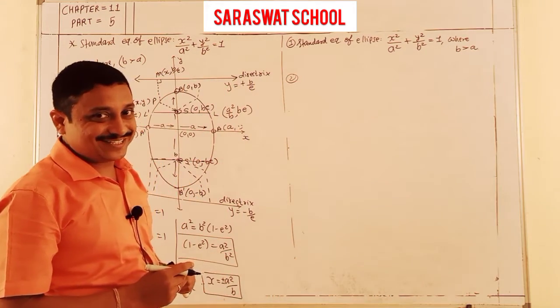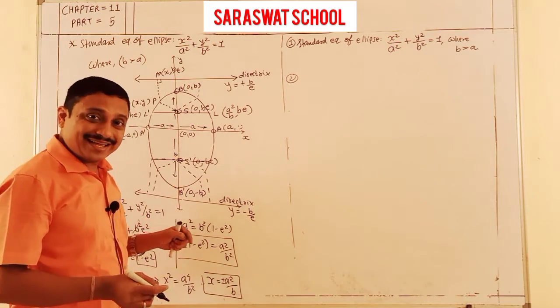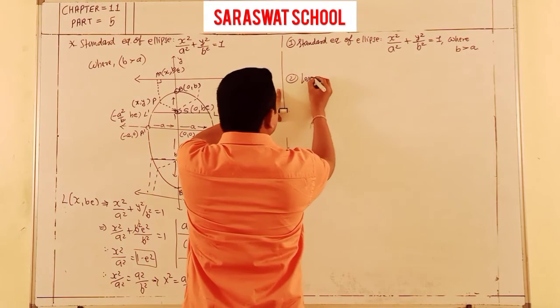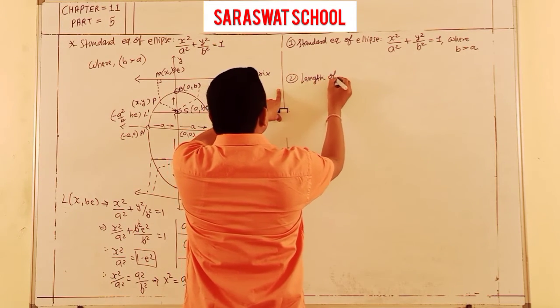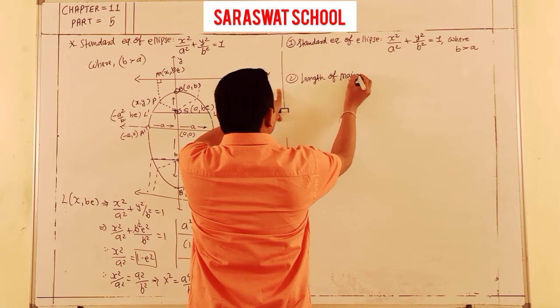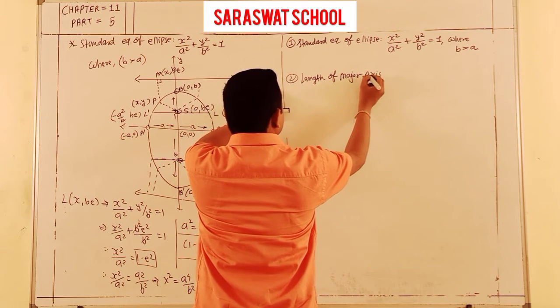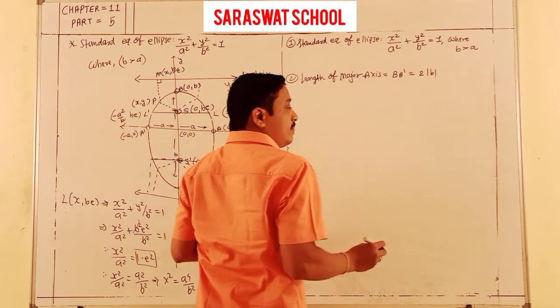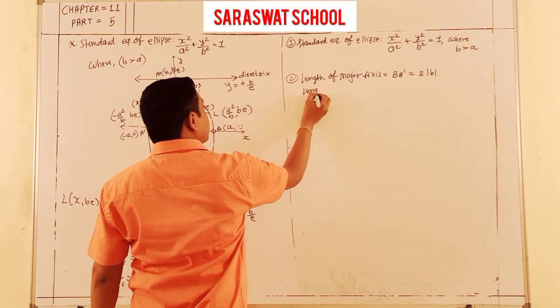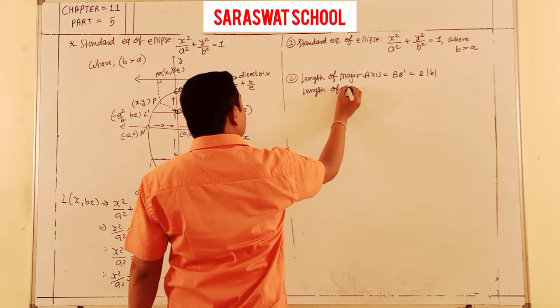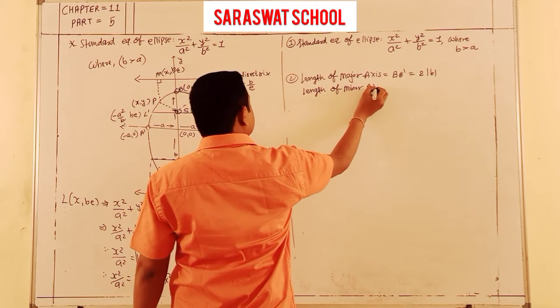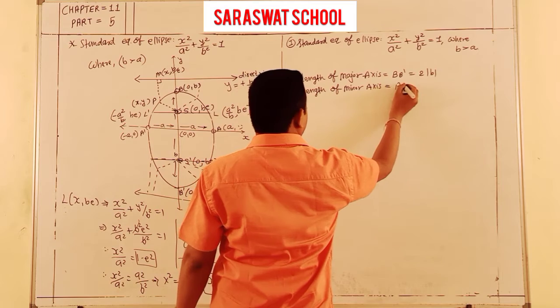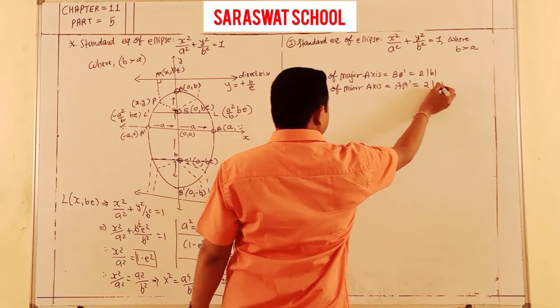Now the major axis. Here the major axis, students, is the y axis. So length of major axis is 2 modulus b. Second, length of minor axis is 2 modulus a.